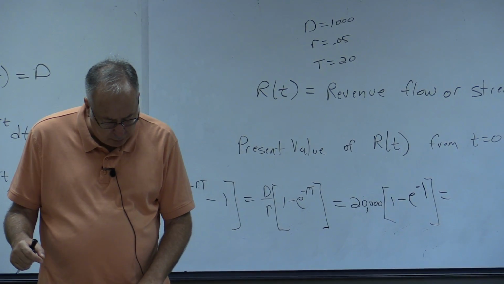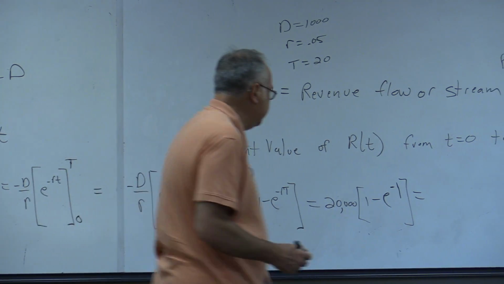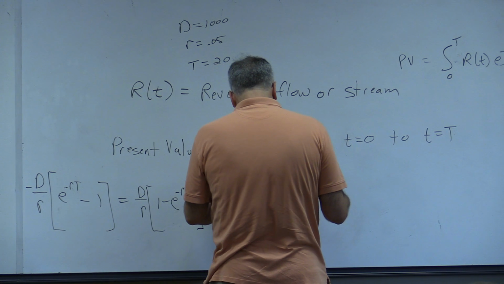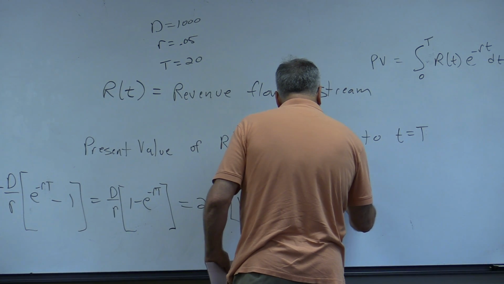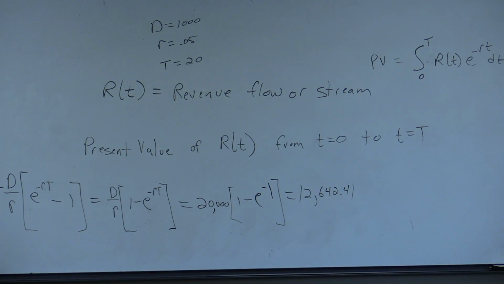So you get $12,642.41. Okay. Makes sense. Because you're not getting the money up front as a lump sum payment, you get less than 20,000.